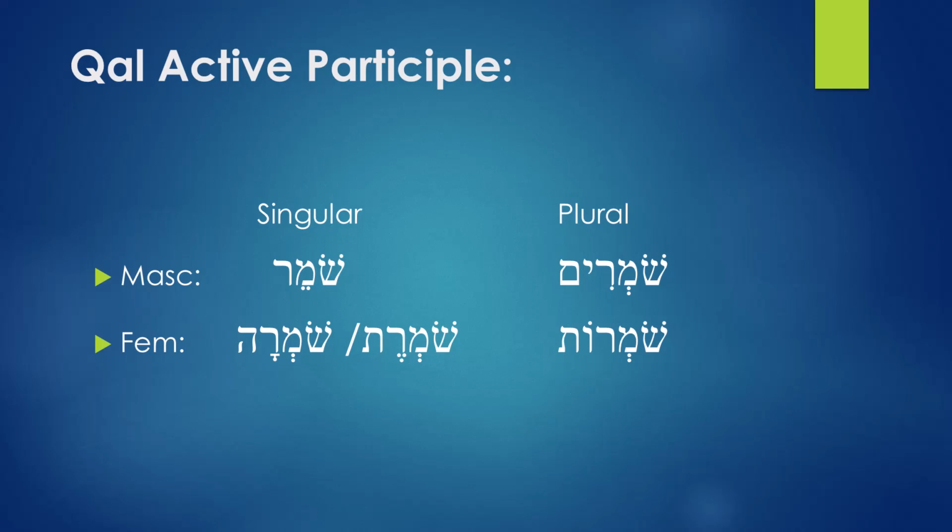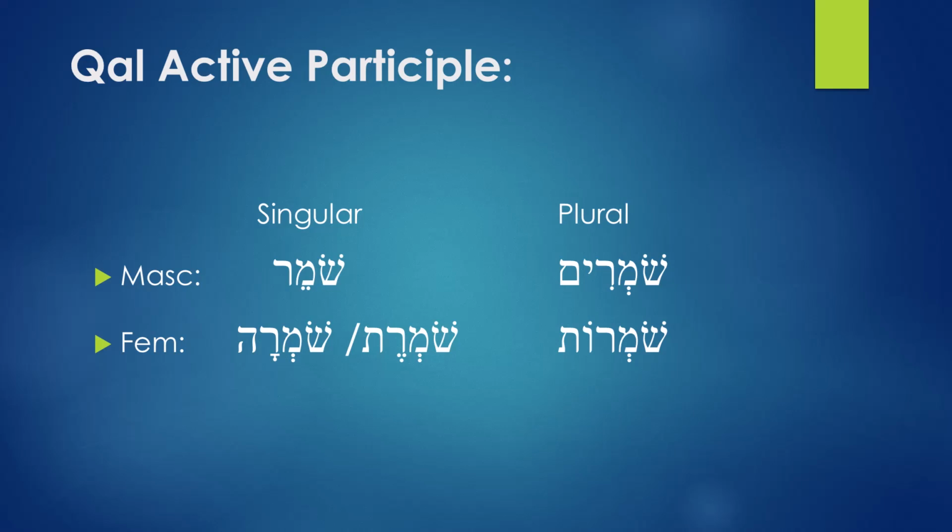In masculine singular, you have shomer. And we're using the verb shamar, meaning to keep. He kept. And they're turning the word shamar into a participle. So in masculine singular, it's going to be shomer, meaning keeping.